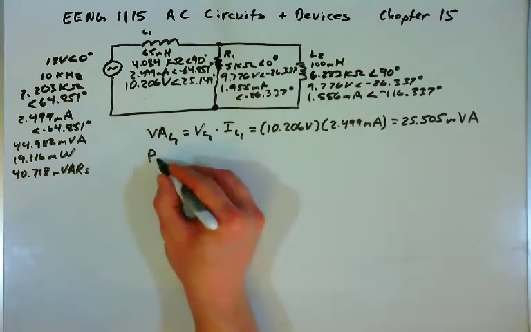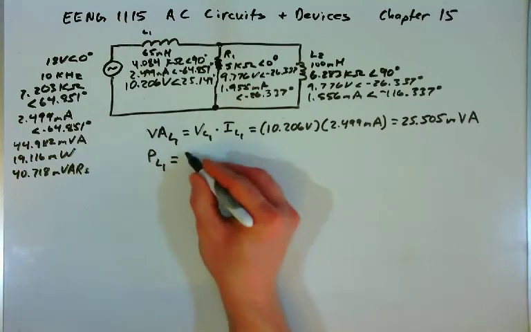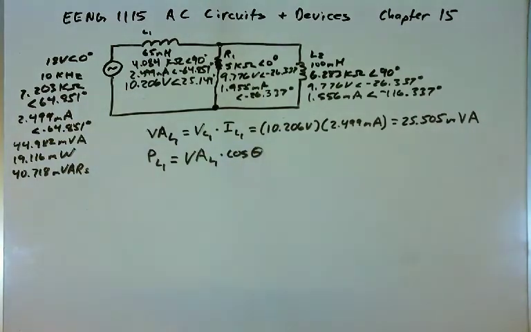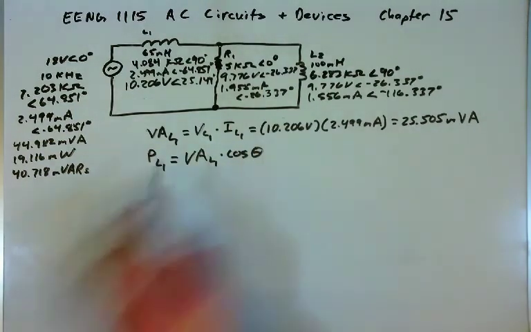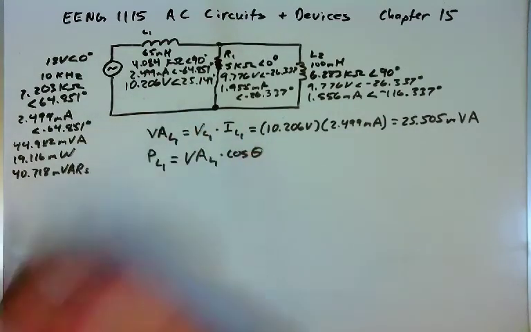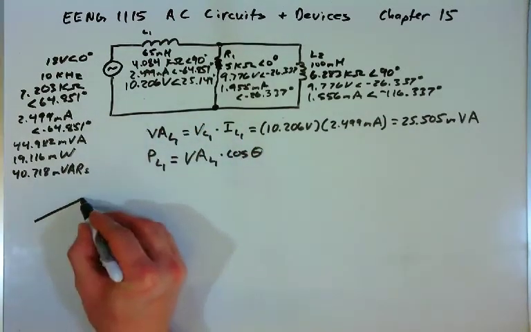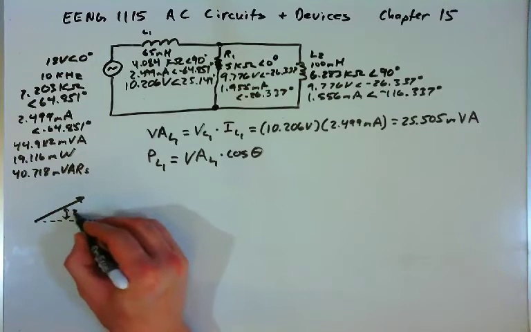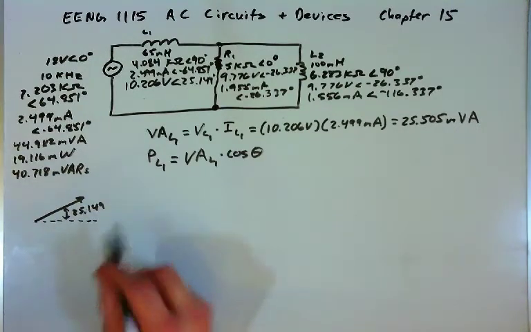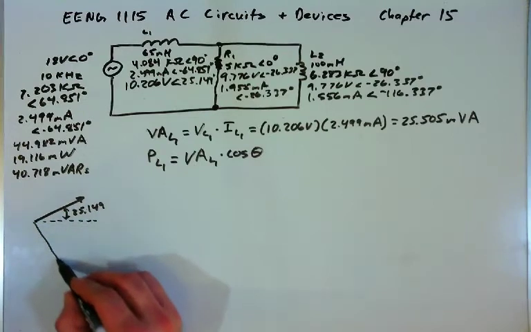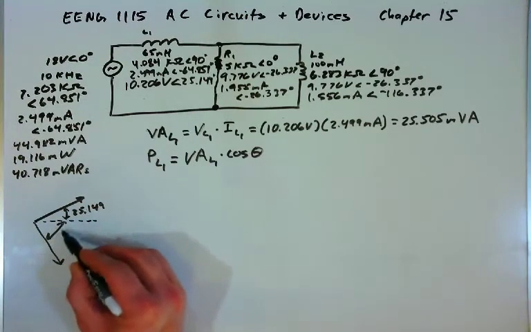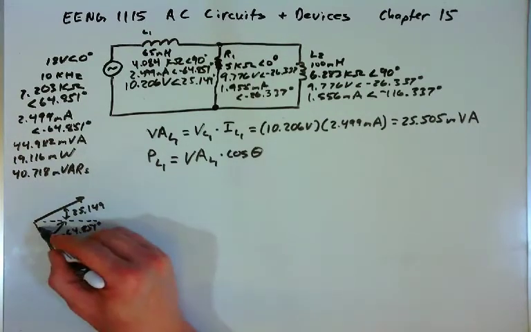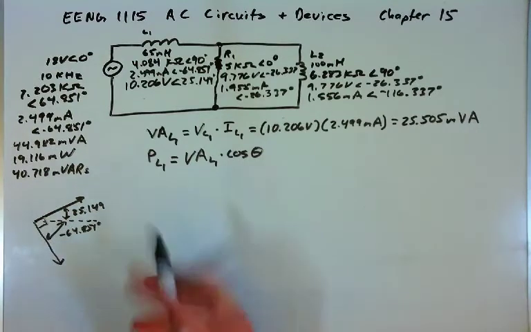Now we can find the power through inductor 1, which will be the volt amps of inductor 1 times the cosine of the absolute value of the angle between the voltage and the current. And so again, it's helpful to look at the vectors graphically. We have a voltage that is at a positive 25.149 degrees, and we have a current that is at negative 64.851, and you can see that these vectors will be 90 degrees out of phase.